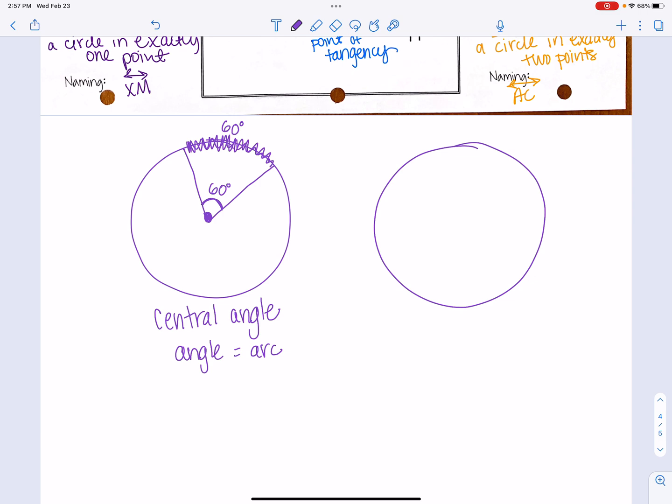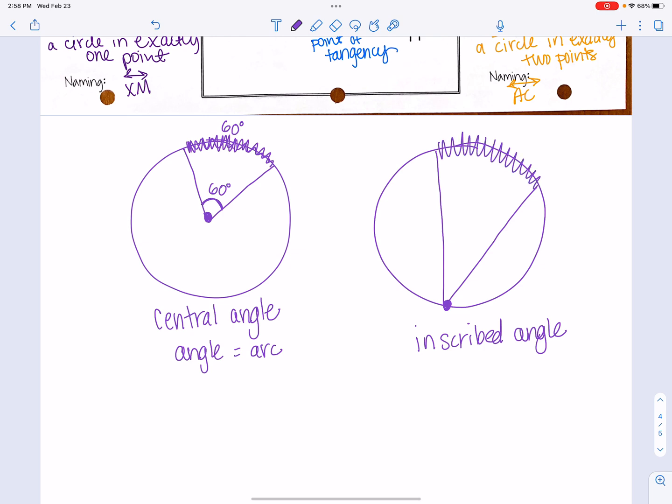The other type of angle I want you to draw is what we call an inscribed angle. Inscribed angle. An inscribed angle is going to have the vertex on the circle. And its legs are going to be chords instead of radii. Okay? So inscribed angle. This is your angle.